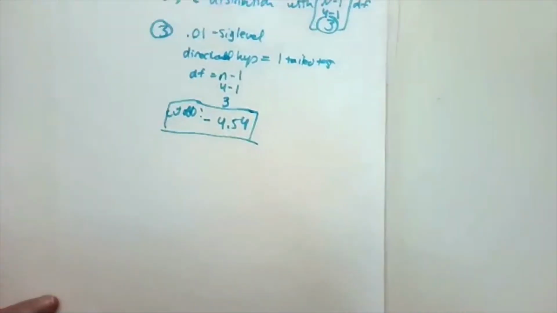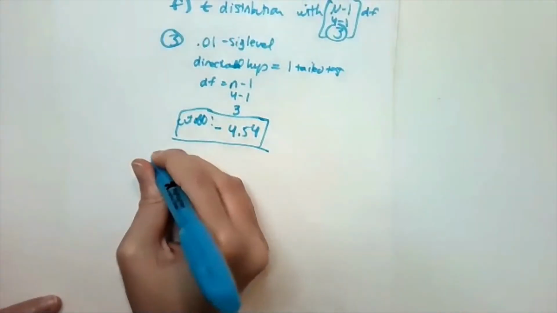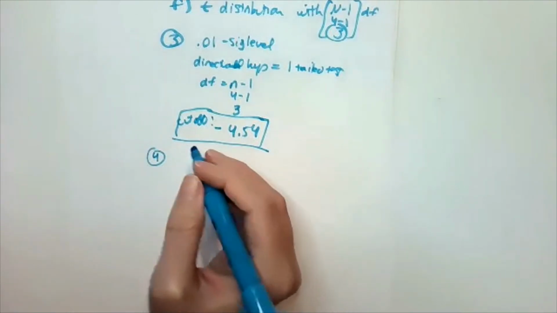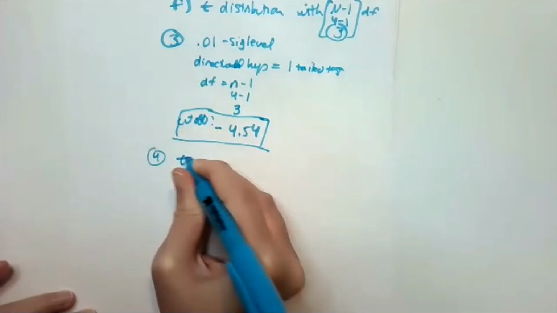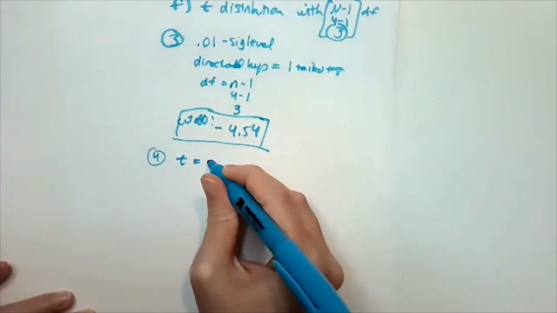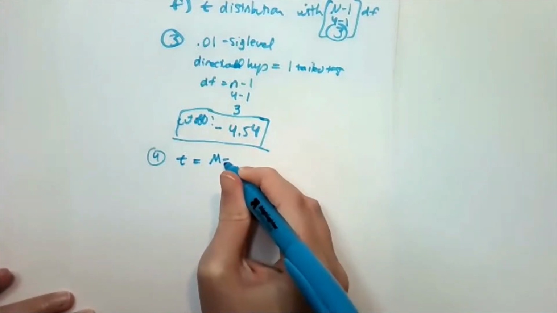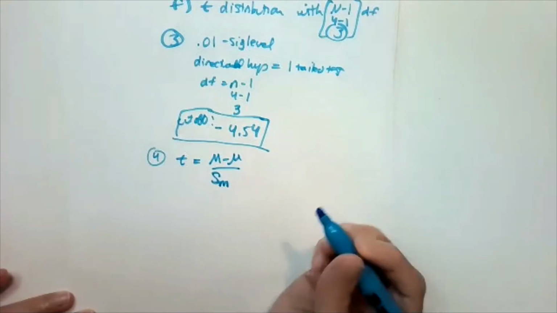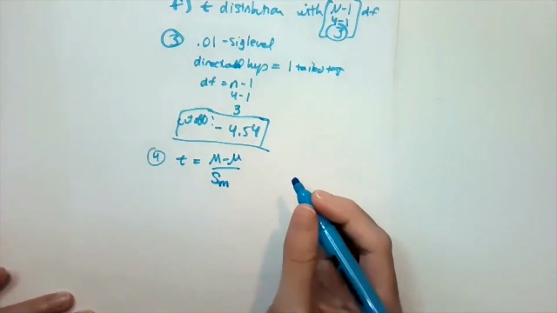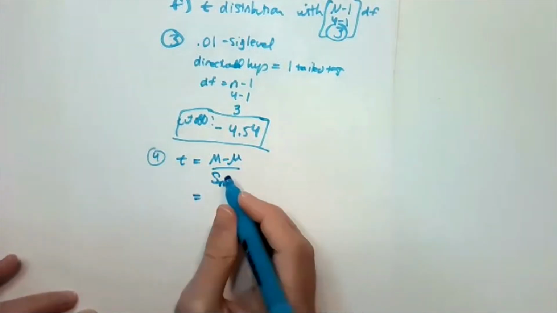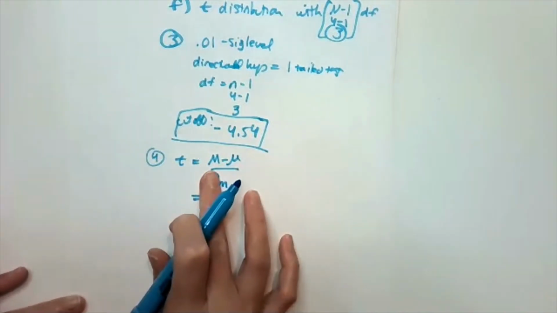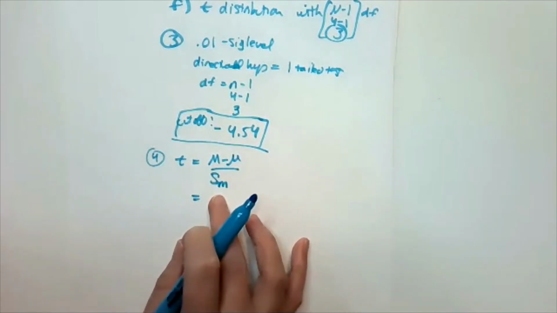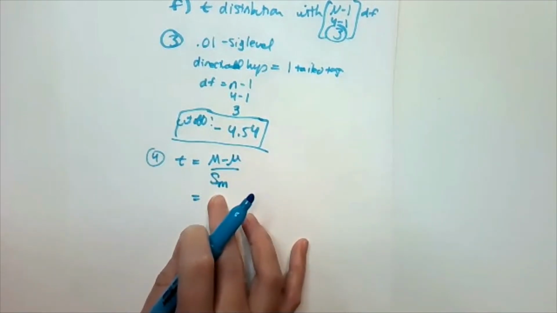And so now at step 4, we're going to calculate what our sample t value is. We're going to use the formula t equals M minus mu over s subscript M. So we're going to have the mean of our difference scores minus the population mean, all over our comparison distribution standard deviation.